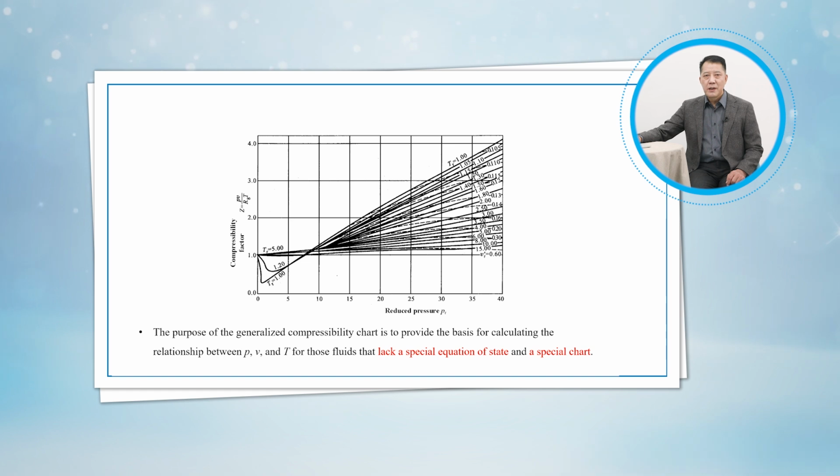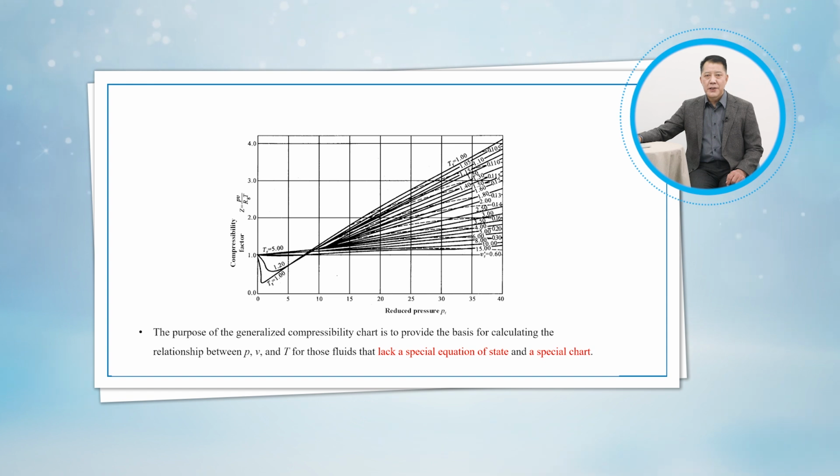The merit of the generalized chart for relating P, V, and T data for gases is simplicity coupled with accuracy.